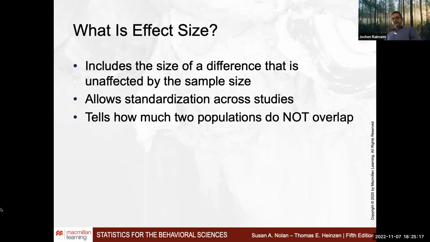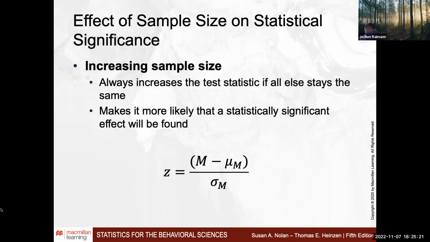So when it comes to effect size, the problem with this is really that the standard error of the mean is strongly affected by the sample size. If you have a larger sample, your division of the standard deviation from the population is actually by a larger number. So the square root of the n is still an increasing number with larger sample size, and it will lower your standard error of the mean.